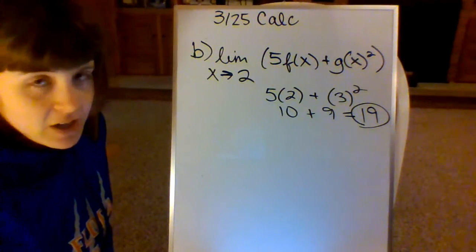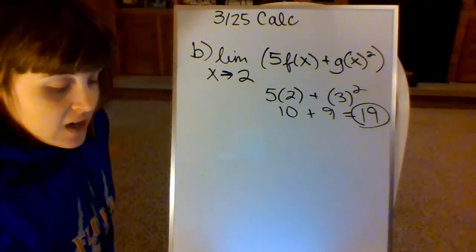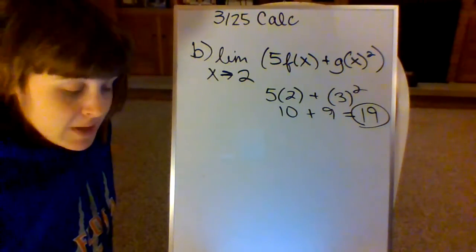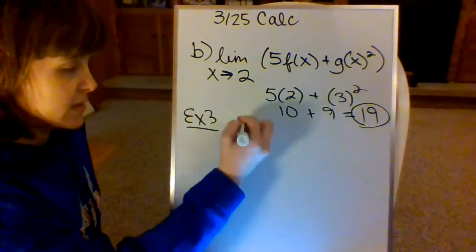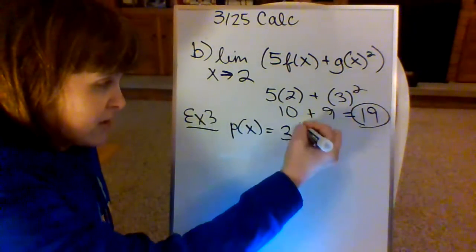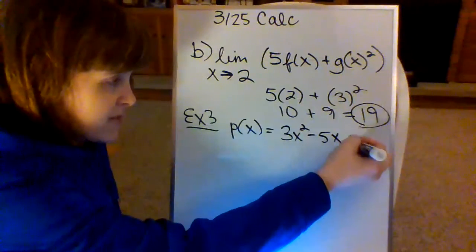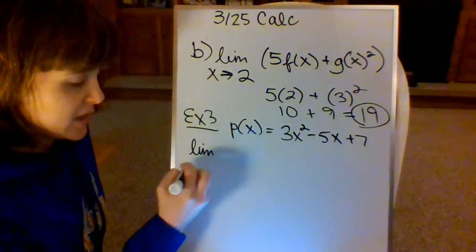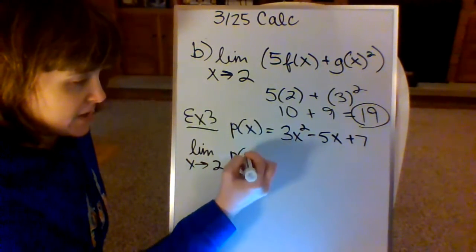Okay, now they're going to give us a function, for example 3, p of x, and they're going to tell us what to plug in for x to evaluate the limit. So example 3, it says p of x equals 3x squared minus 5x plus 7. And we're supposed to find the limit as x approaches 2 of p of x.